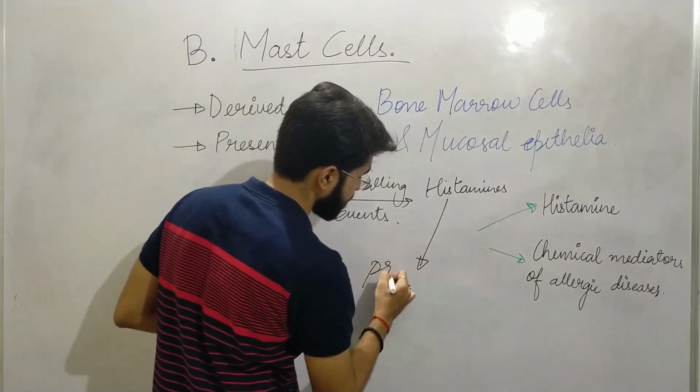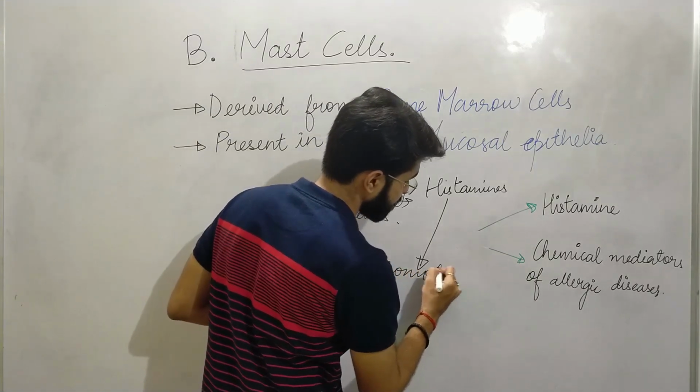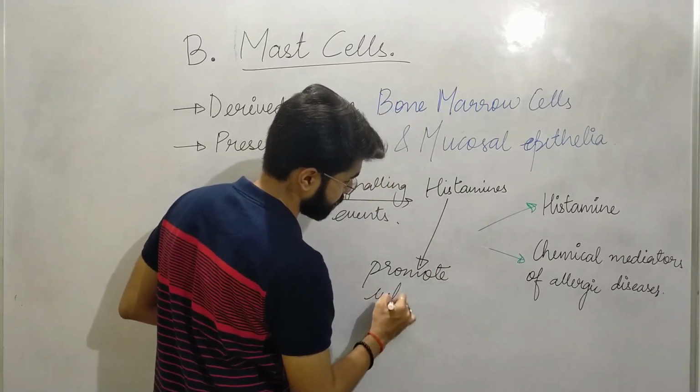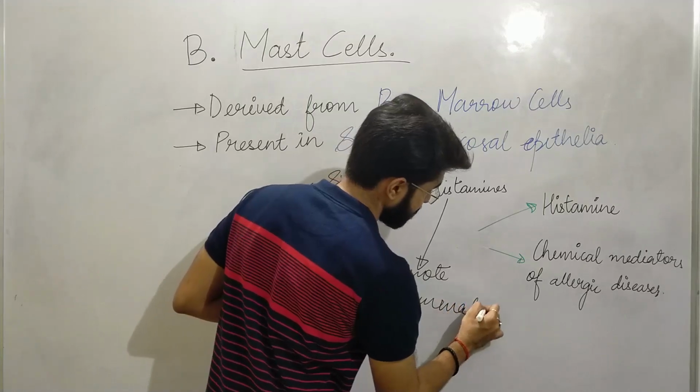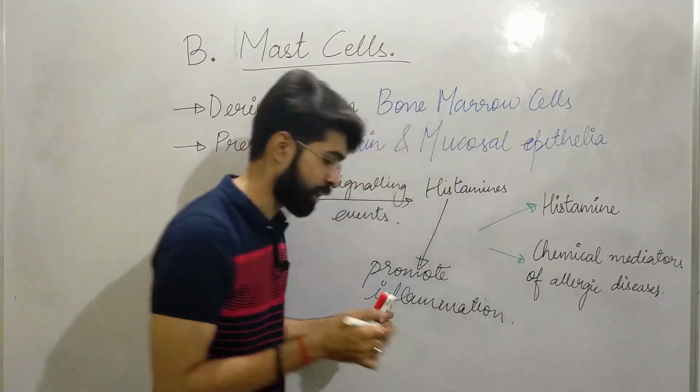They promote changes and start the process of inflammation. So this is a mast cell which also provides us defense against the helminth infection.